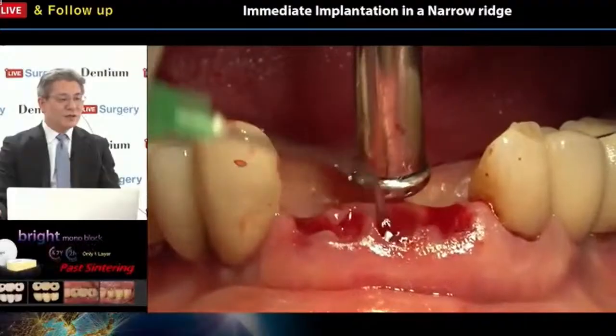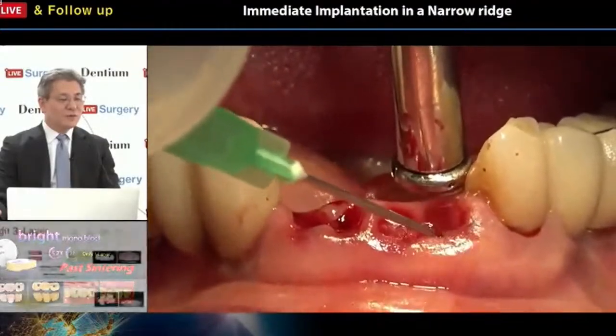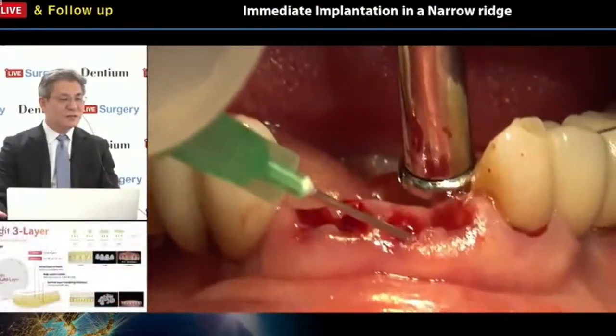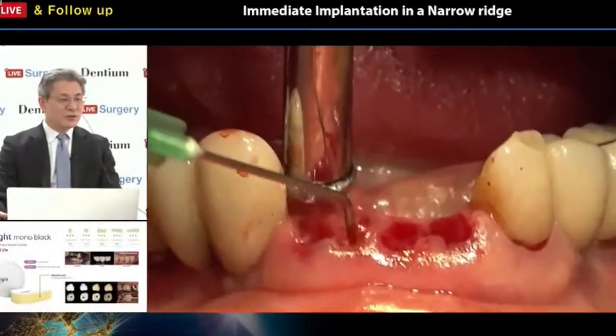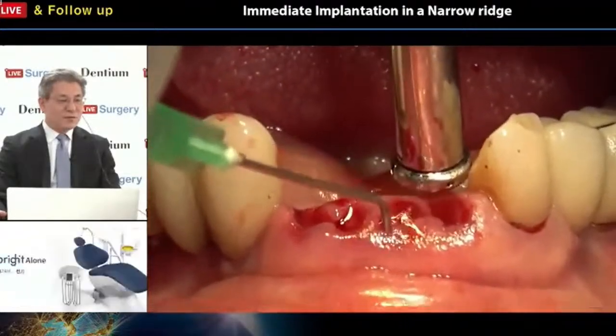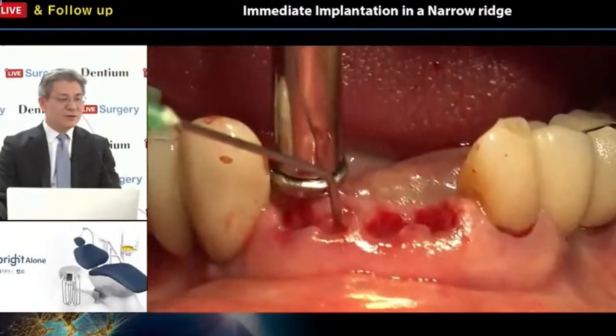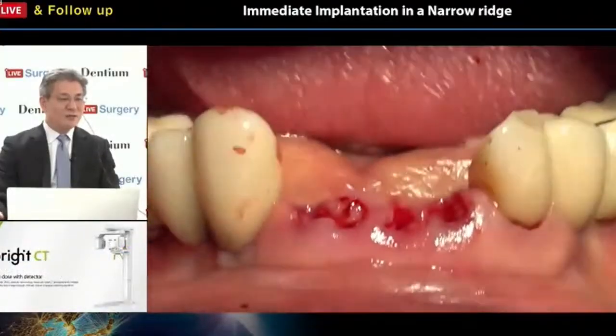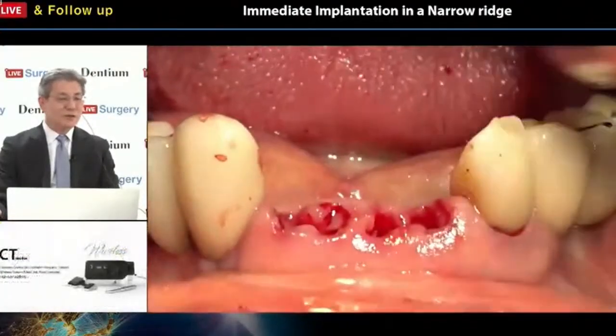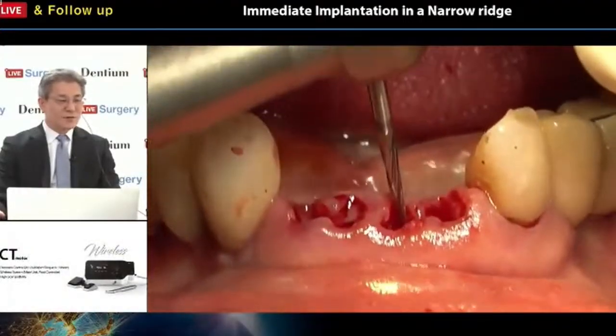We got information about the socket wall areas already from the scanning, the CT, the cone beam CT view. However, after extraction we cross-check again to confirm the existence of the labial wall.